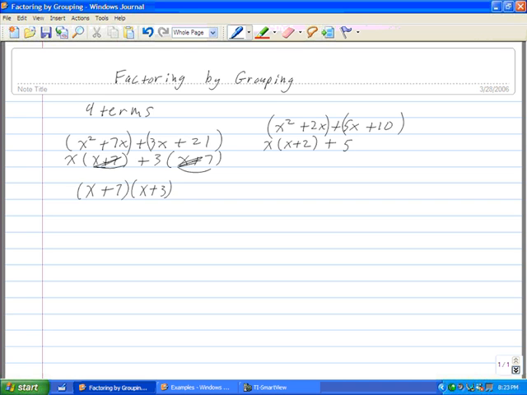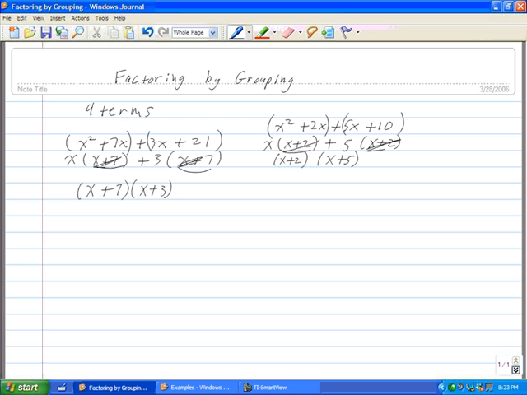It's a 5 that comes out. And like I said before, now you know that you did it right. Why? x plus 2 is a GCF again. Bringing that out leaves an x plus 5 behind, and again you've finished.